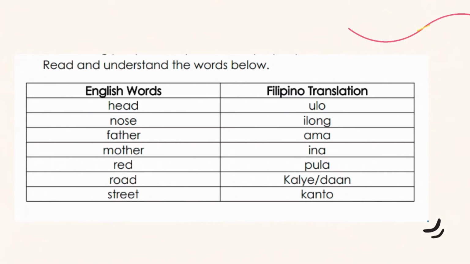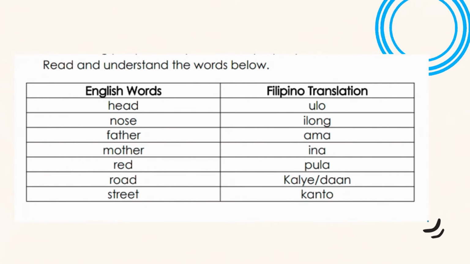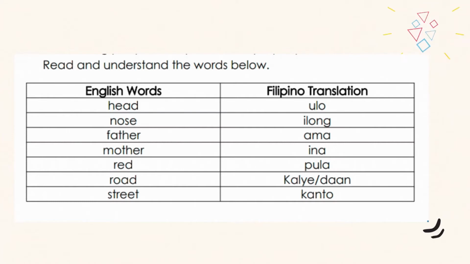Number 4, mother. In Filipino, mother is ina. Number 5, red. In Filipino, red is pula. Number 6, road. In Filipino, road is kalye or daan. And number 7, street. In Filipino, street is kanto.